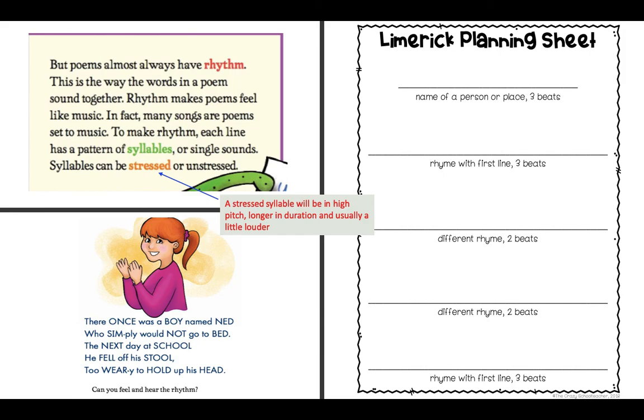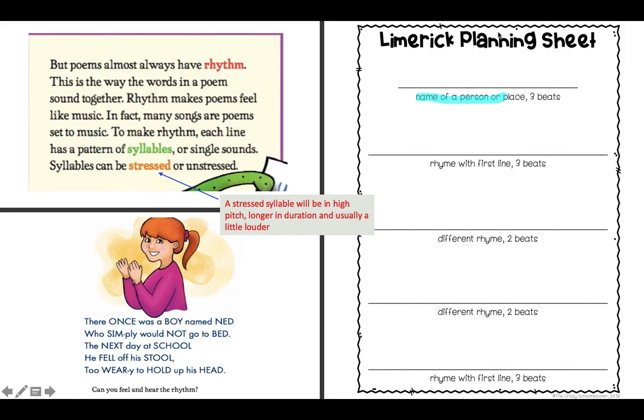Just like we saw in the cow and the moon, you say the stressed syllables in a higher pitch, longer, or a little bit louder. Okay, so we're going to continue with the poem about Ned.